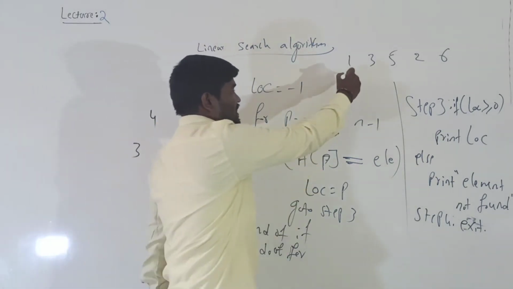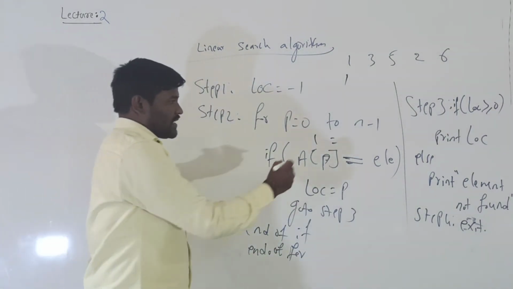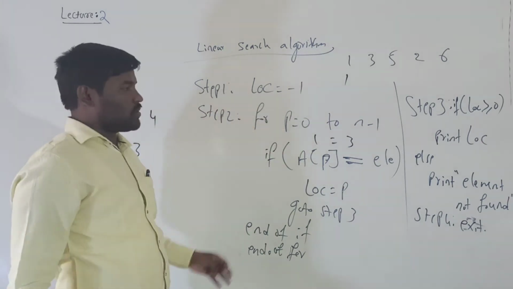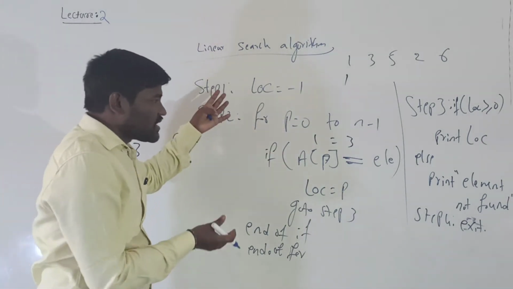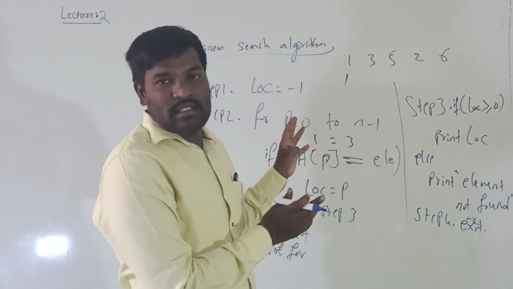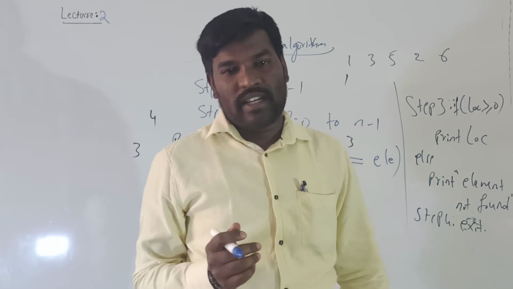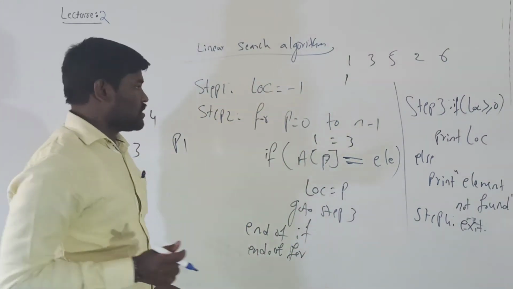A[0] is 1. Is 1 equal to 3? The condition is false, and false means the loop will continue. Automatically P becomes 1. Algorithm means it is a step-by-step procedure to solve the problem.